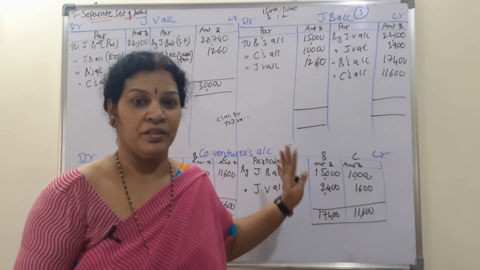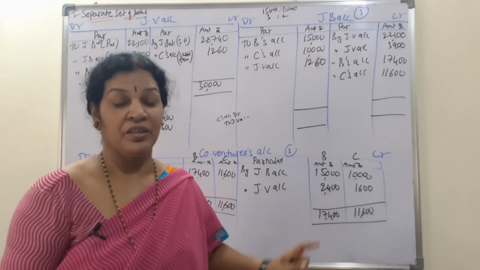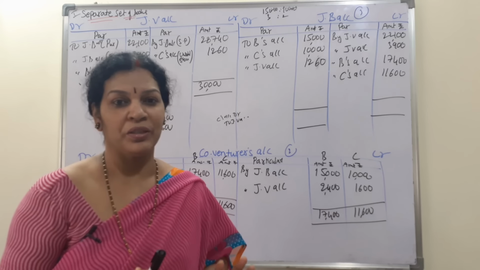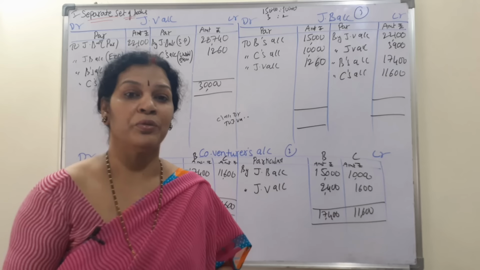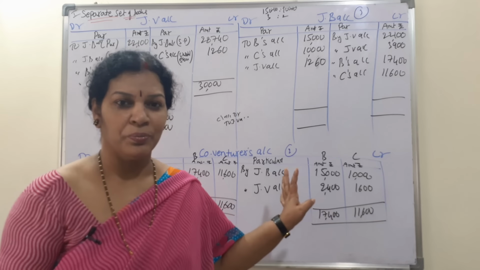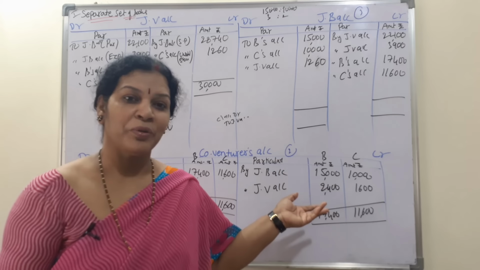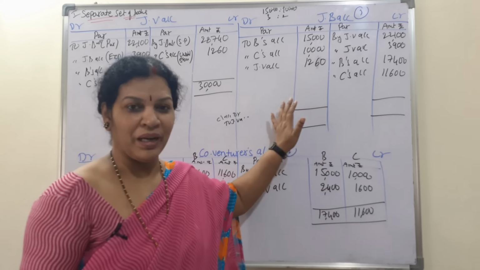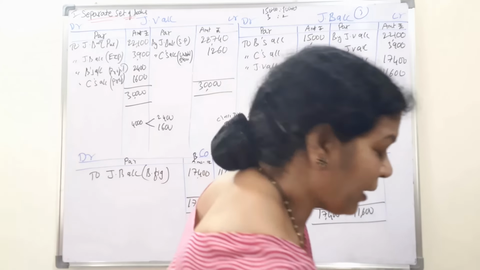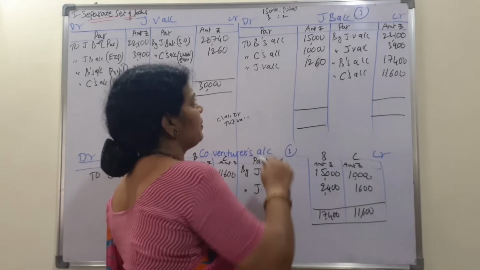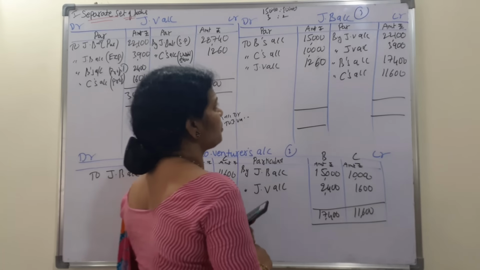It should tally just like a balance sheet. If it is tallying, the problem is correct. Not tallying means somewhere something has gone wrong and you need to recheck. Whenever you use this method, you will come to know whether the problem is correct or not by balancing this joint bank account. Now we'll see that 15,000, 25,000, 26,260.